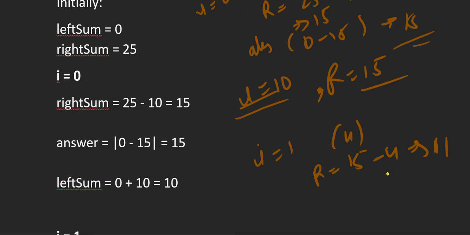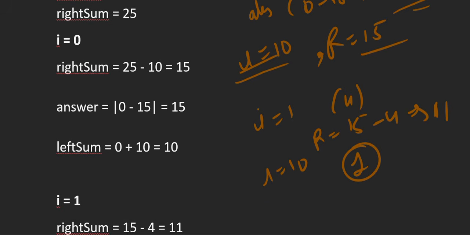So right sum is 11 and left sum is 10, right? So again we take the difference of 10 and 11, so we get the difference as 1, and then we add the current element to the left. So that is 10 plus 4, we get 14. So left sum is equal to 14, and right sum is equal to 11 for the next element, right?